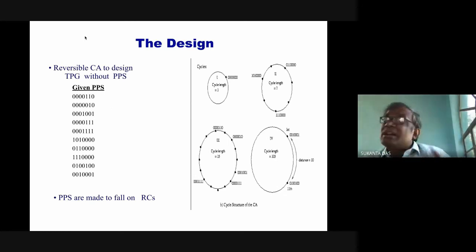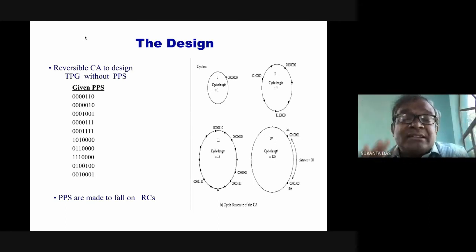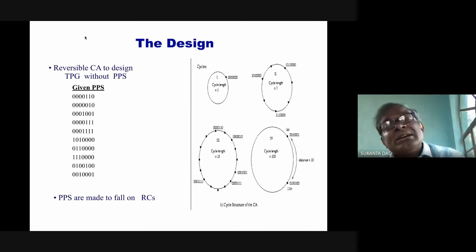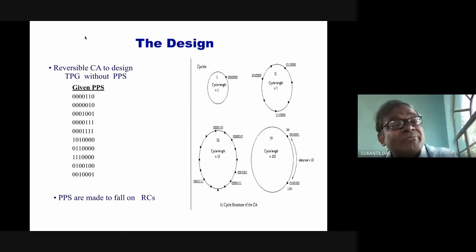So what is the target? We shall try to accommodate the PPS in the smaller cycles, and the larger cycles will be exploited to generate pseudo-random patterns. Since the largest cycle has many patterns, it can generate many patterns, which may look like pseudo-random patterns.